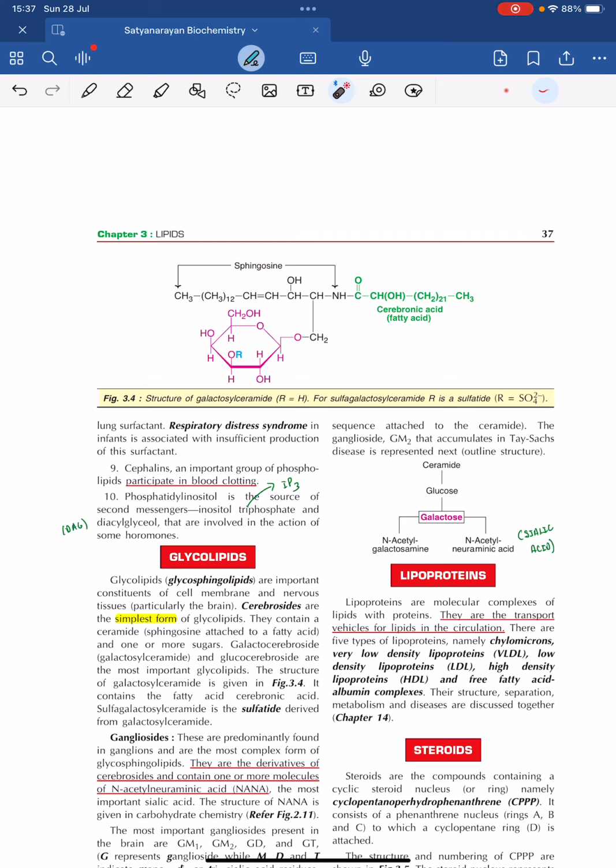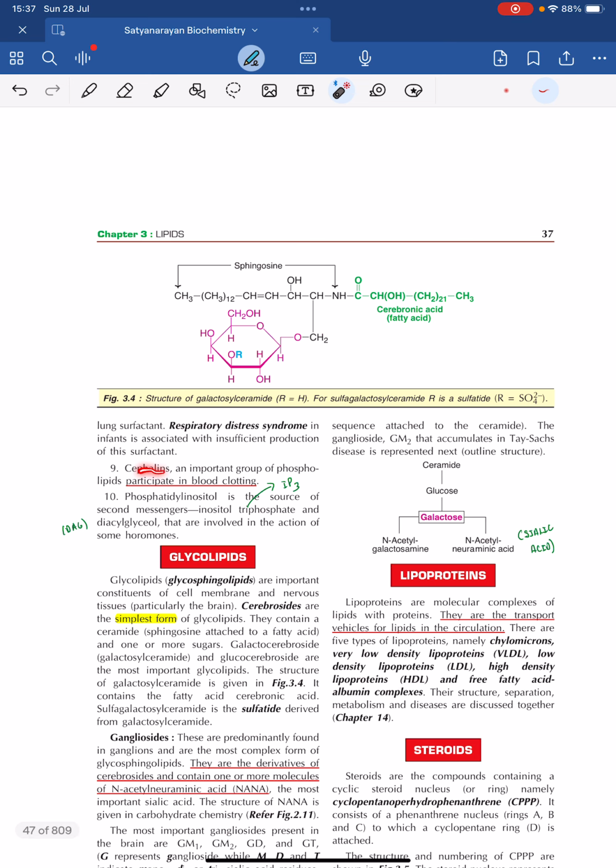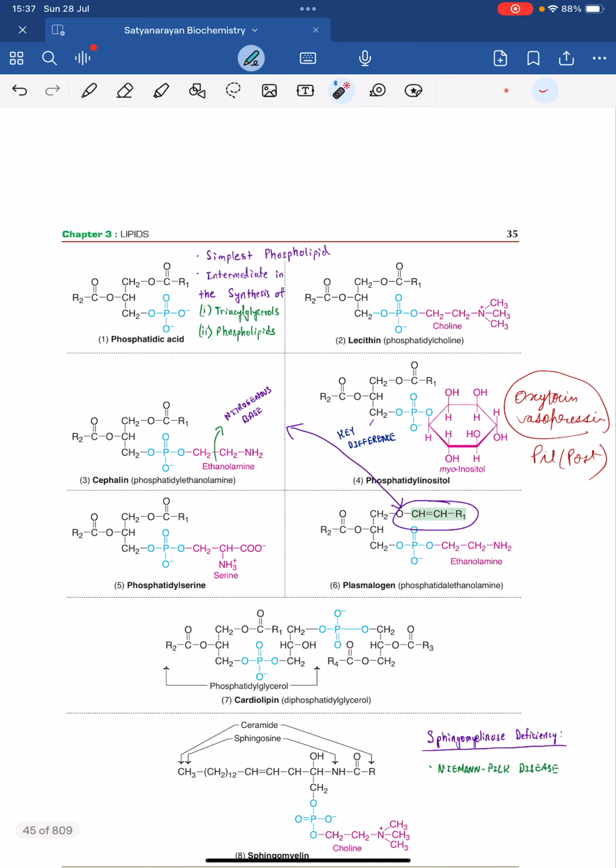Respiratory distress syndrome in infants is associated with insufficient production of this surfactant. Then we have cephalins, an important group of phospholipids that participate in blood clotting, and phosphatidyl inositol is the source of second messenger inositol triphosphate, which is involved in the action of oxytocin and vasopressin.